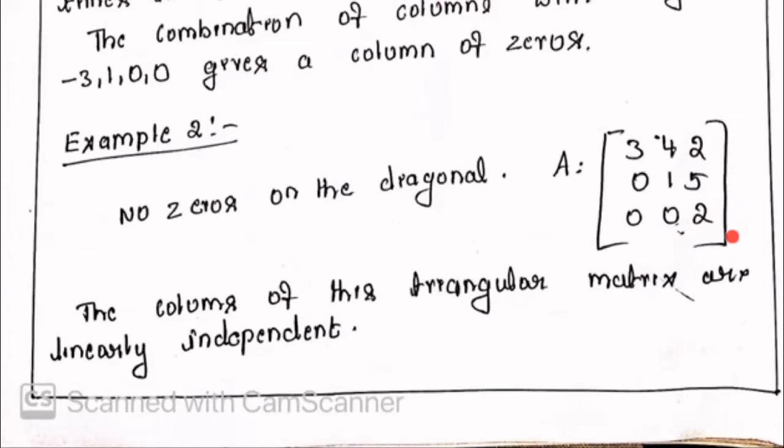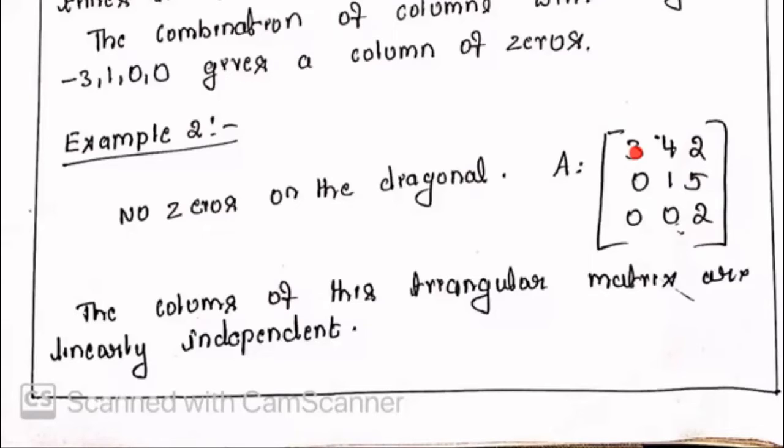The columns of this triangular matrix are linearly independent. So if they give some matrix, you try to reduce it using a row reduction method, or echelon form method. You try to reduce a particular matrix like this.